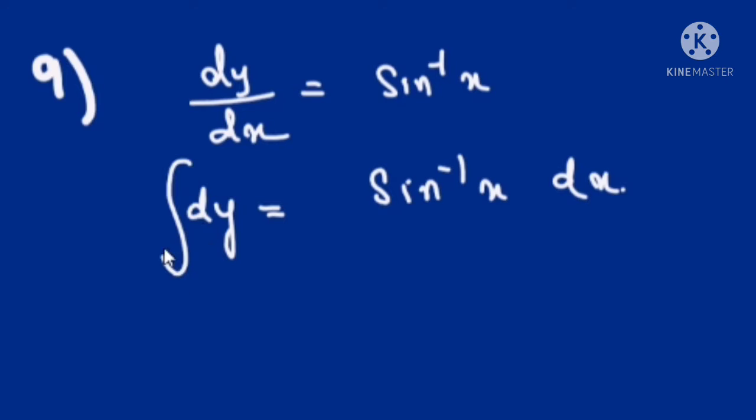You can integrate now. So integration of dy is y. Integration of sine inverse x, there is no straight formula for this, isn't it? So how do you integrate sine inverse x? See, sine inverse x dx. You have to use integration by parts.